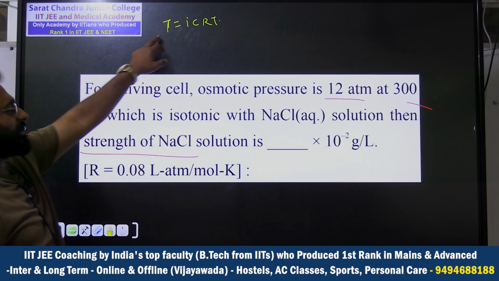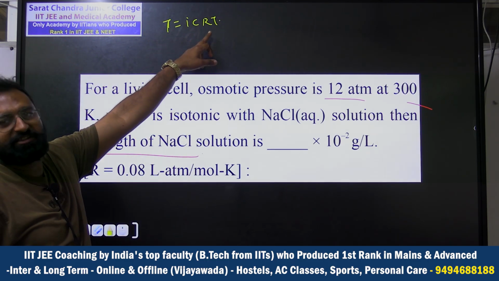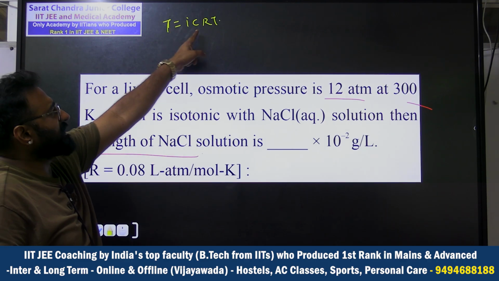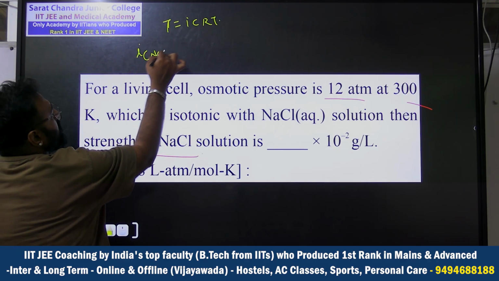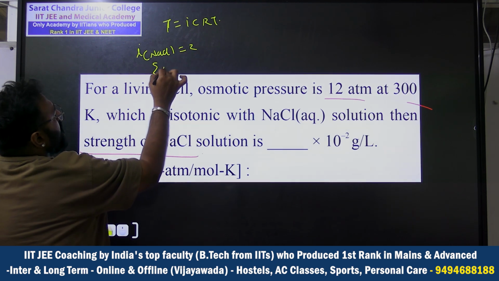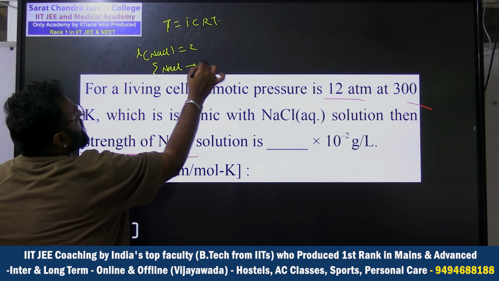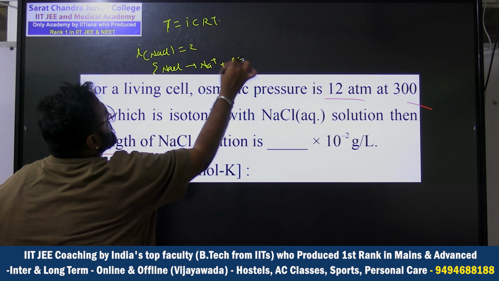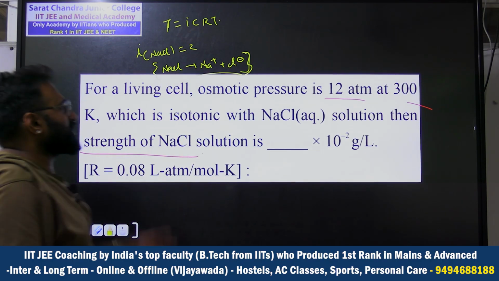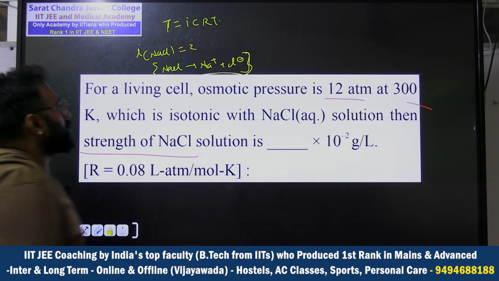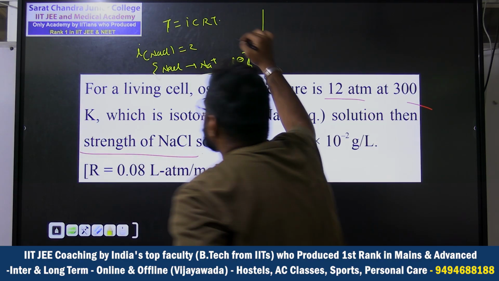So pi of living cell is equal to pi of NaCl. And i for NaCl will be 2, because NaCl undergoes dissociation into Na plus and Cl minus. So i is 2, 100% dissociation.